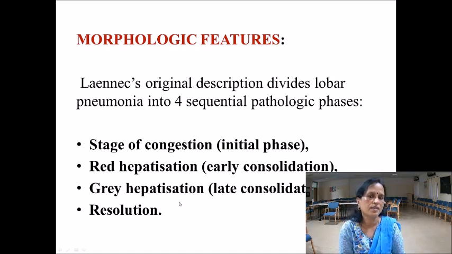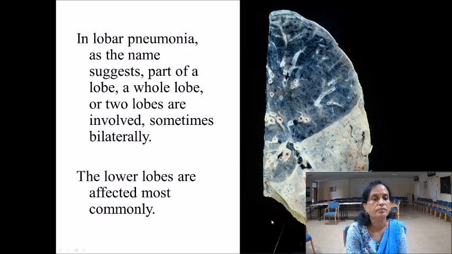We do not see scarring and all that if there is resolution. So if you go back and see that lung, it becomes so difficult to appreciate which part of the lung was involved in this acute inflammatory process. But otherwise, if complication occurs, we say carnification also. The entire lung could be like fibrosed tissue.